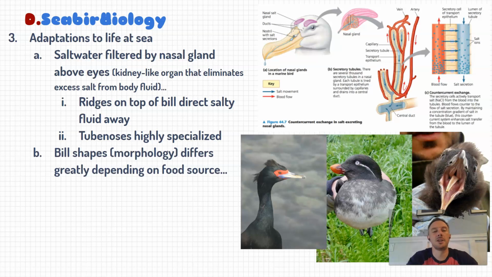And another adaptation is that the bill shape, morphology meaning form or shape, differs greatly depending on the food source. So there's a variety of food sources in the ocean. It's not just fish. In fact, if you think about energy pyramids, fish would be near the top, so there'd be fewer of them.